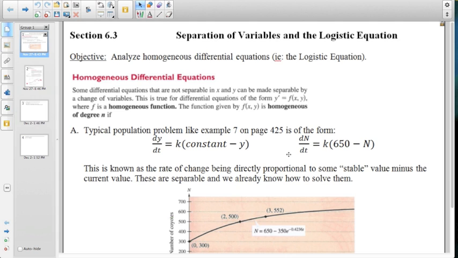And so what happens is that if we take a look at this, you need some pretty advanced calculus skills to separate these variables and solve it for a general and a particular solution. So we typically don't try to separate these.